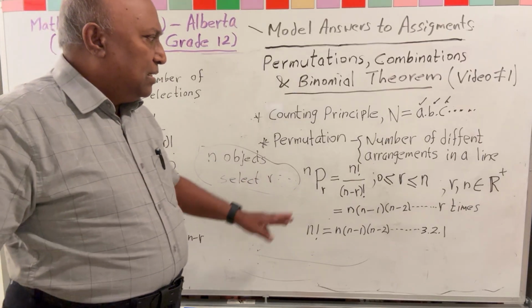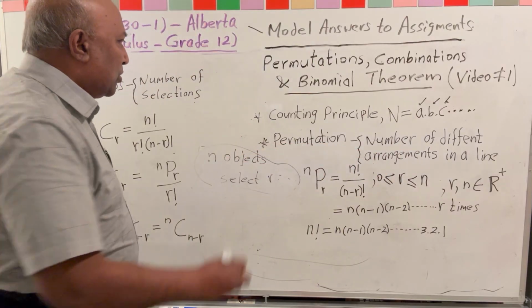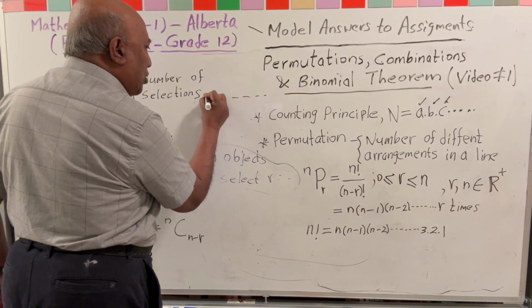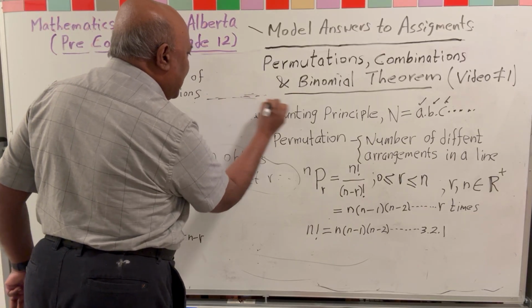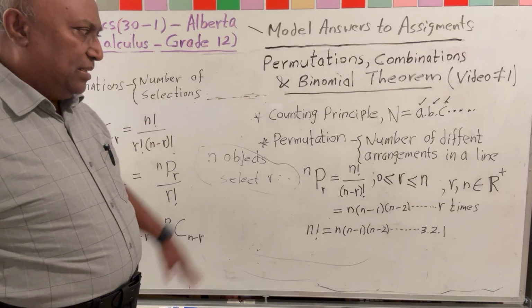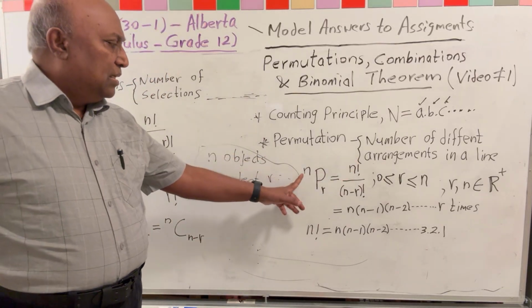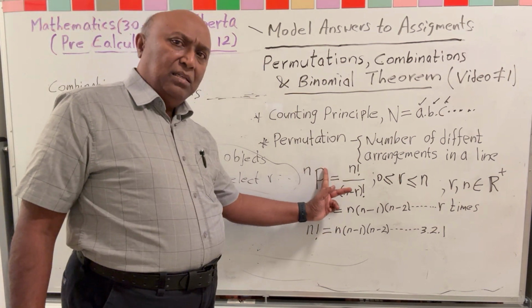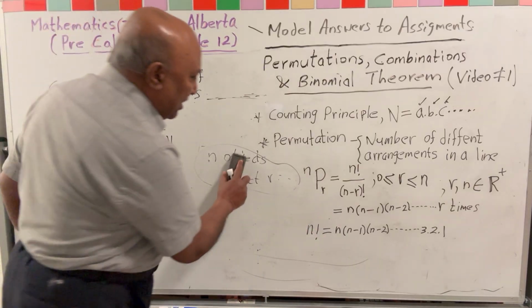Then the number of different arrangements in a straight line is called permutation. That means there are R objects, we have to find the different alignments along this straight line. This is a symbol to denote the permutation. Permutation is denoted by this symbol.